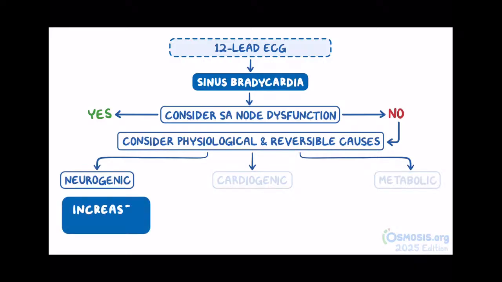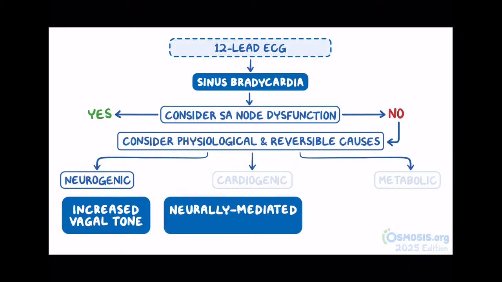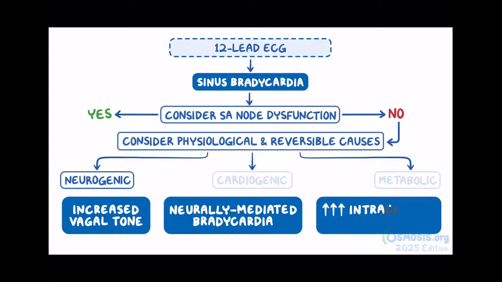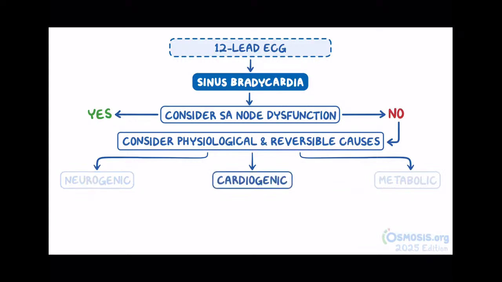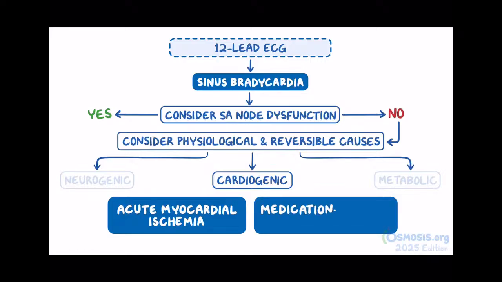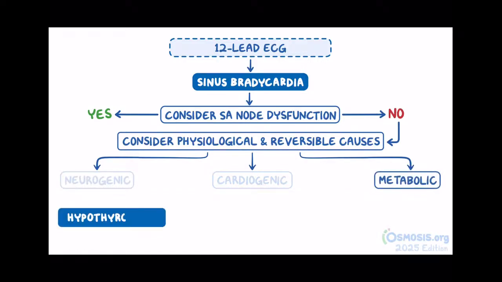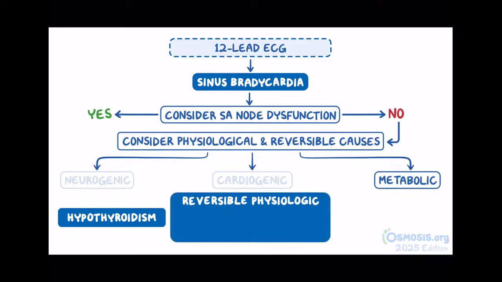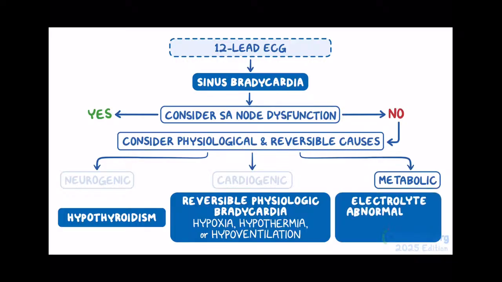Neurogenic causes include increased vagal tone, neurally mediated bradycardia, and increased intracranial pressure. Cardiogenic causes include acute myocardial ischemia and medication-induced bradycardia. Metabolic causes include hypothyroidism, reversible physiologic bradycardia from hypoxia, hypothermia, or hypoventilation, and electrolyte abnormalities, primarily hypo and hyperkalemia.